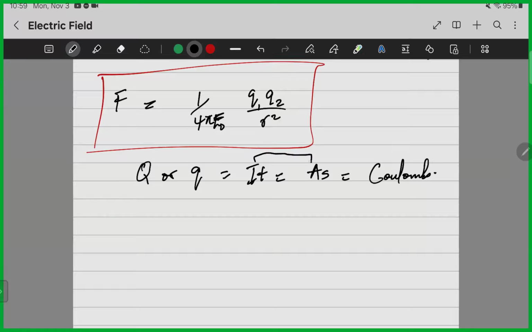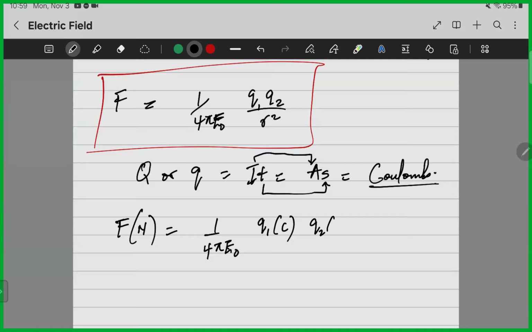The unit of current is ampere, the unit of time is seconds, and we call this coulomb. So that's how charge works. If we say force in Newton equals 1 over 4 pi E naught, Q1 in coulomb, Q2 in coulomb, over R square in meter square.